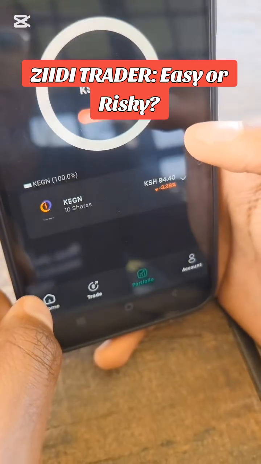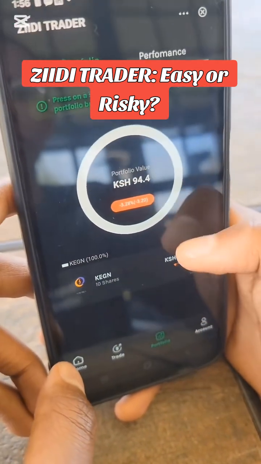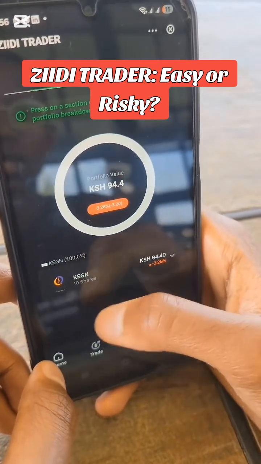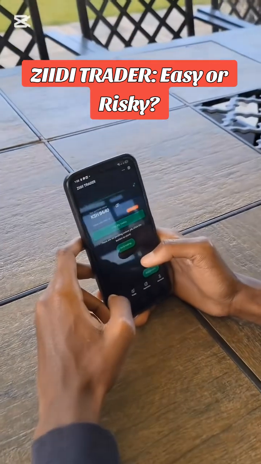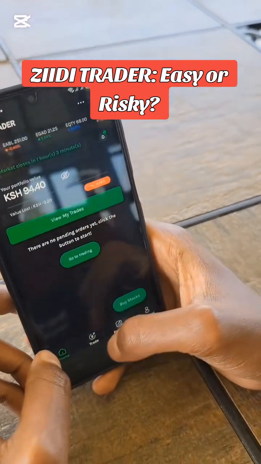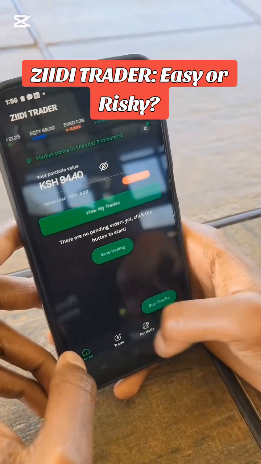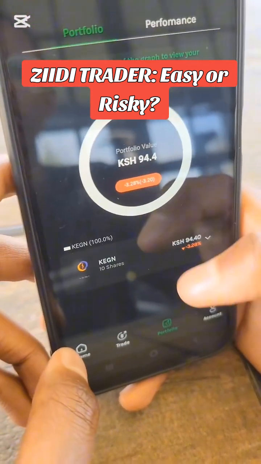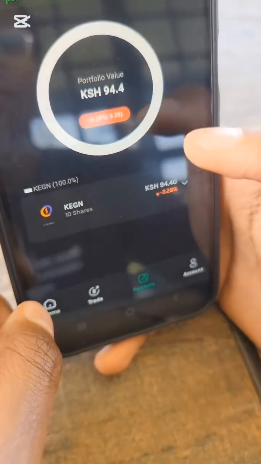The other advantage is that funds flow directly from your M-PESA wallet. You don't need to pay through a paybill, put it in your CDS account, or do a bank transfer. No, the moment you execute a trade under ZD Trader, money is deducted directly from your M-PESA.